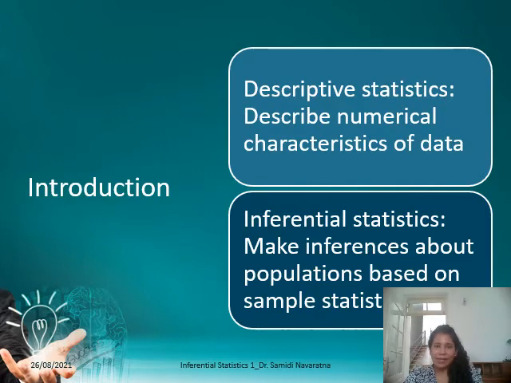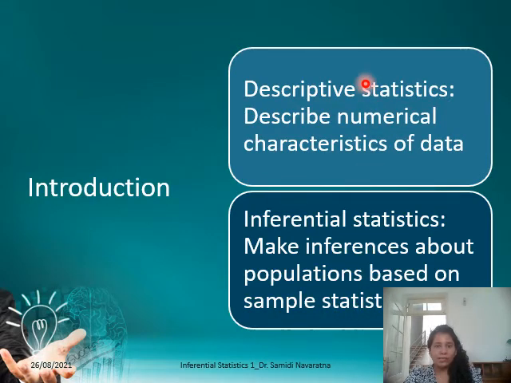So once again, there are two major branches in statistics, descriptive and inferential. So descriptive statistics describe the numerical characteristic of data, whereas inferential statistics make inferences about populations based on sample statistics.